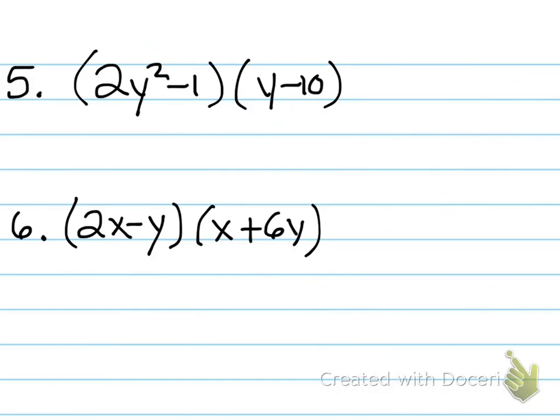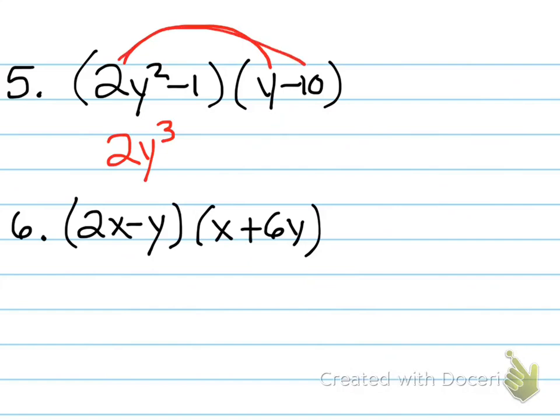Number 5, now we have a quadratic, our y squared in our answer. Same process, same steps, and we've been multiplying and we've been distributing variables and changing our exponents on variables. So remember those rules. 2y squared times y gives me 2y to the third.